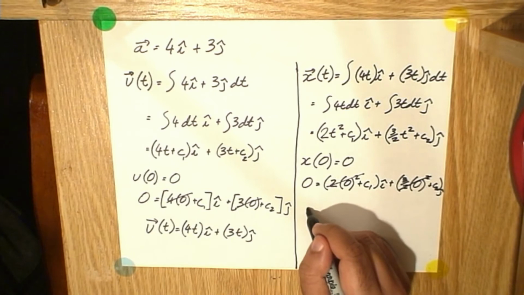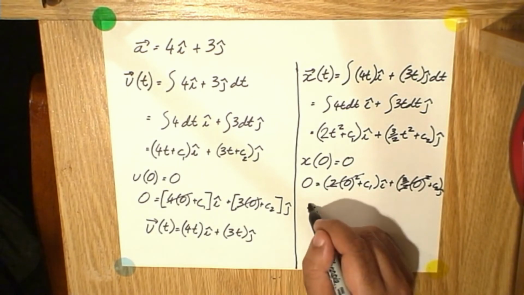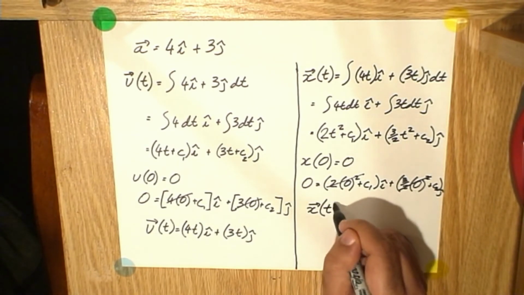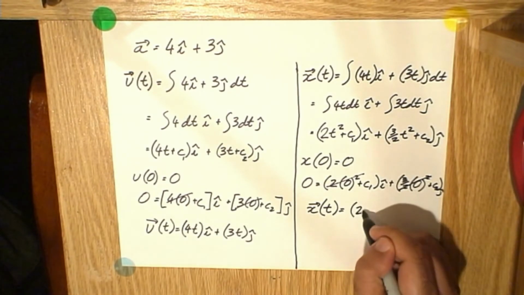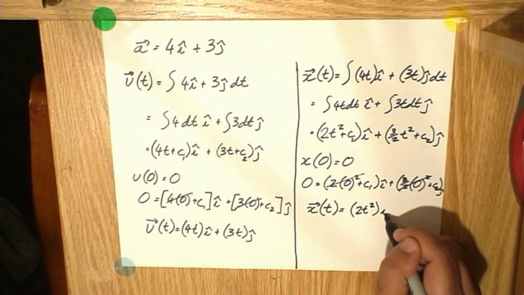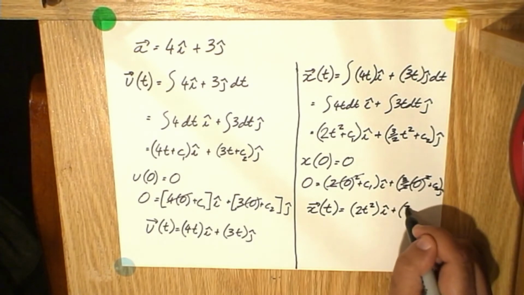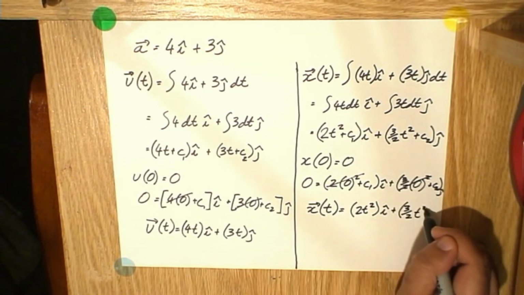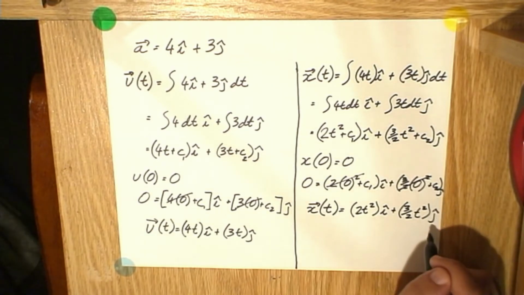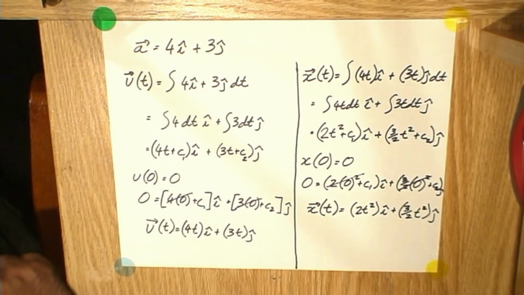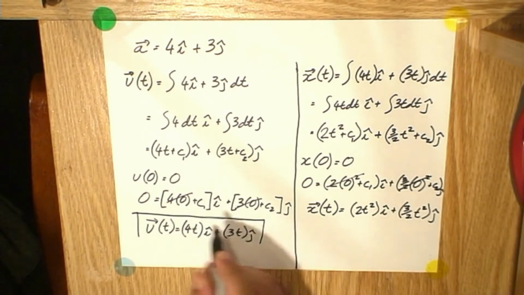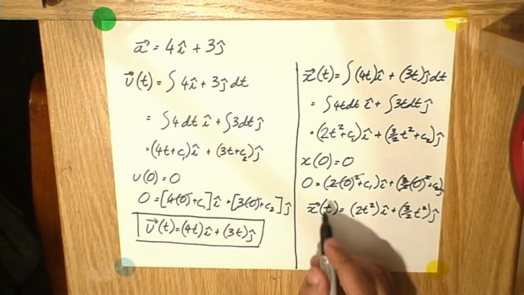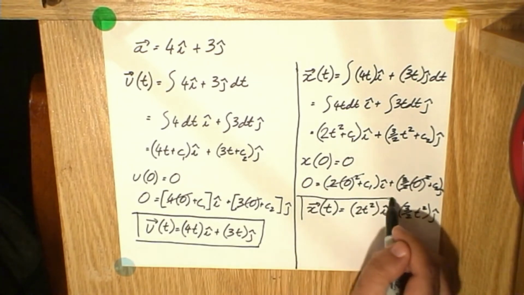So we end up with x of t is equal to 2t squared times i hat plus 3 over 2 t squared times j hat. And this would be the position with respect to time.